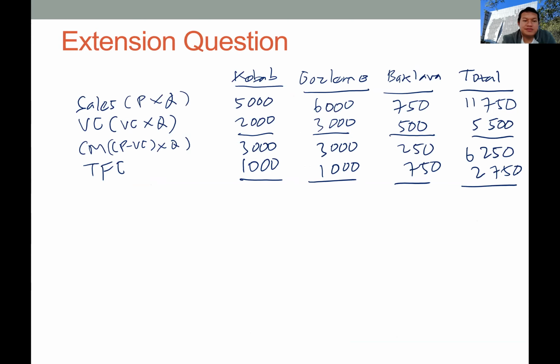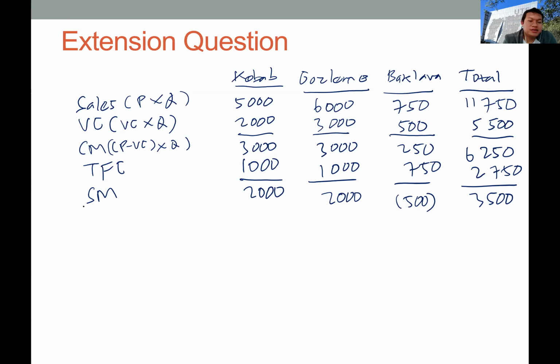Okay, so contribution margin minus traceable fixed cost, we will get the segment margin. So this is 2,000 for kebab, 2,000 for gozlimi, minus 500 for baklava, and in total we get 3,500.